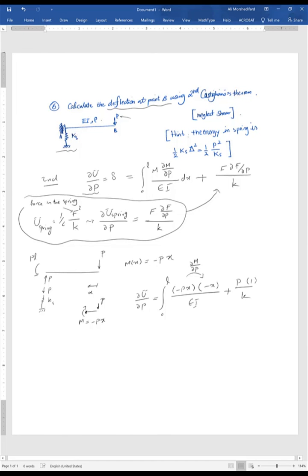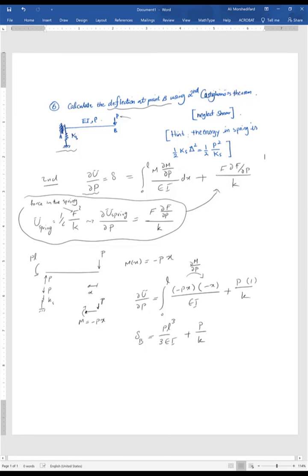Right? So if you carry out the integration, you get delta at B is equal to PL cubed over 3EI plus P over K. Now we can do a little bit of sanity check here.